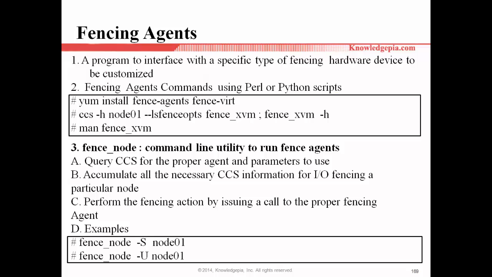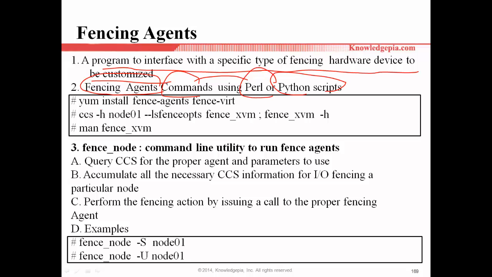Fencing agent, I already told you, is a program to interface with a specific type of fencing hardware, a device to be customized. We can use the fencing agent command, and this command normally consists of a Perl or Python script.